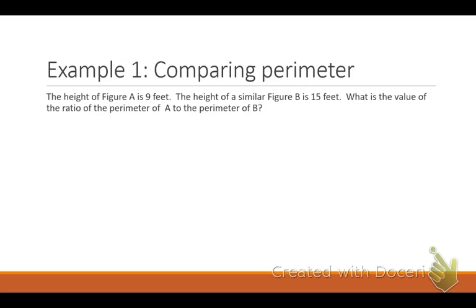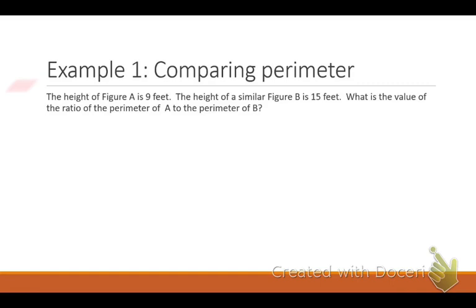Okay, so when I'm comparing perimeter, now I don't have objects to look at. There's no picture for me to look at, so I really have to read this information. And again, I'm doing a comparison and it will tell me the order. So it says the height of figure A is 9 feet. The height of a similar figure B is 15 feet. So here comes the order, here comes the directions.